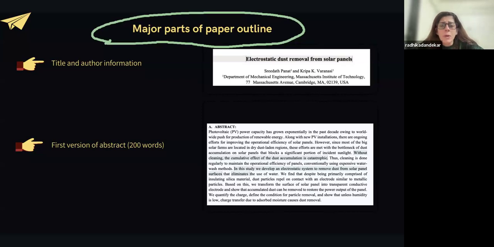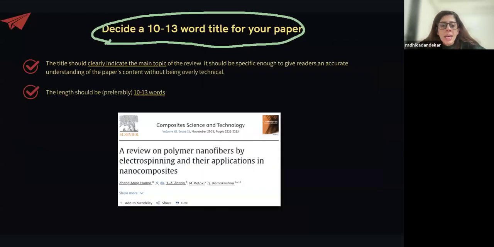And if it is a research paper, there's no need to mention anything about a review paper. But it's very important to be super clear in the title about what your paper is going to be about. Like I said, a paper title should not be more or less than 10 to 12 words, and that is generally enough to describe what your paper is going to be all about.